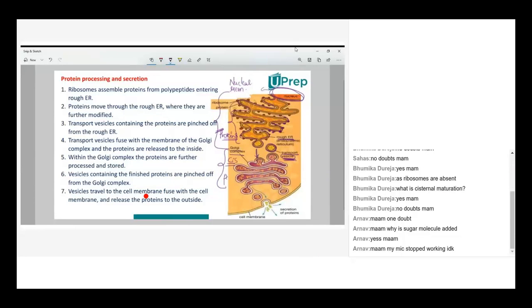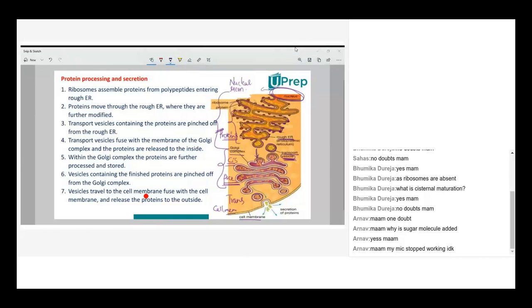Once the proper target is added, they will be moved towards the trans face. So this is how the vesicle with proteins packed in it will be removed towards the cell membrane. So this is the cell membrane. So that is the order.